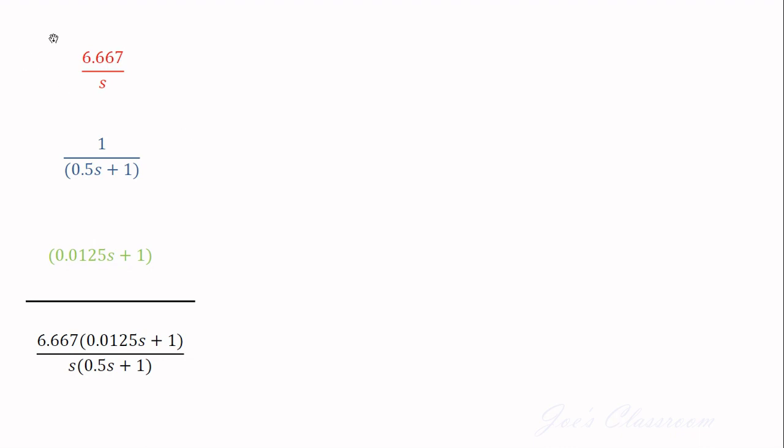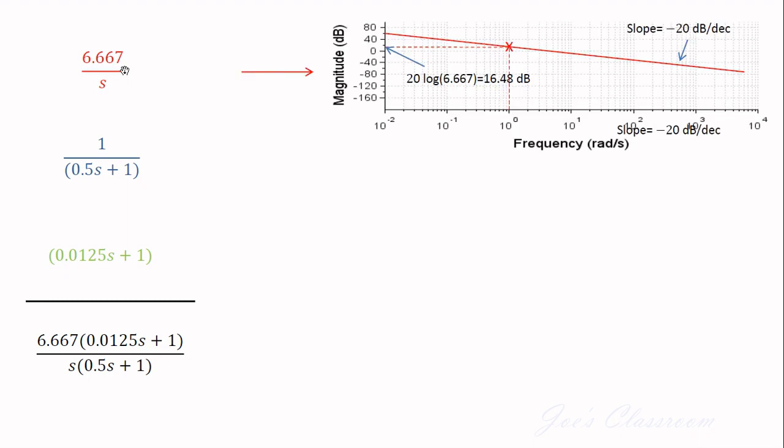So let us take these three terms separately. Let me take the first term. Obviously, this is an integrator with a single pole at the origin, and this is going to have a decreasing straight line. Since n is equal to 1, the decreasing straight line will have a slope of minus 20 decibels per decade, and it will pass through 1 comma 20 log K. K is 6.667, and you have to take 20 log K. So this term will result in a magnitude plot like this.